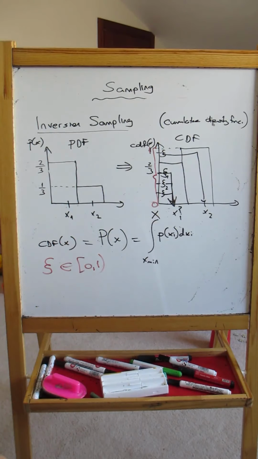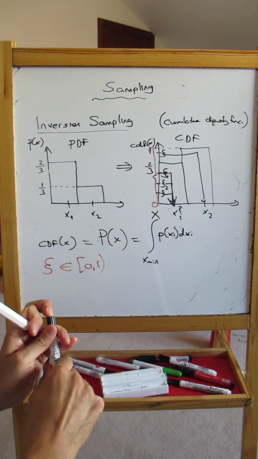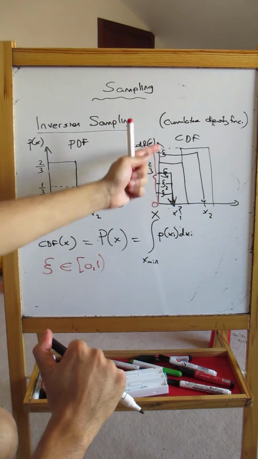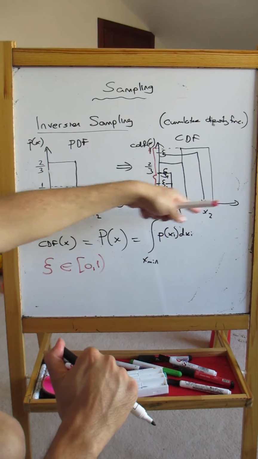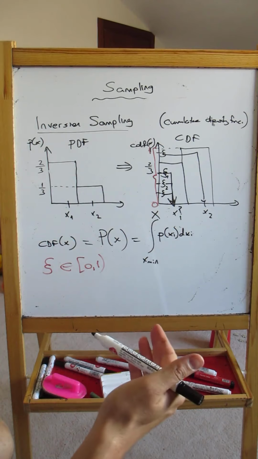So what we are doing here is taking a value on the y-axis and computing what it maps to on the x-axis. This is the same as inverting the function.